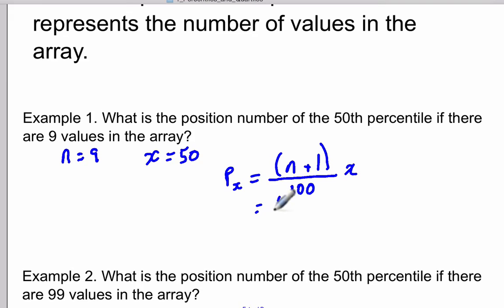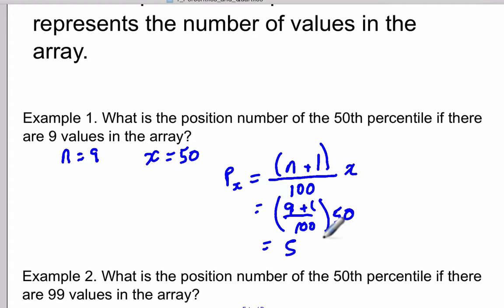When we substitute, it's going to be 9 plus 1 over 100 times 50, which is equal to 5.